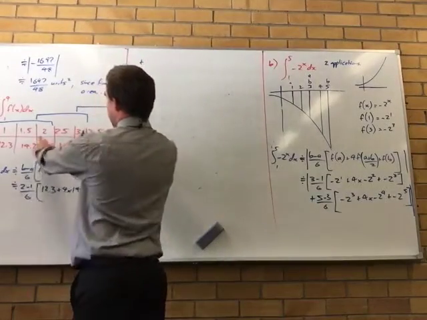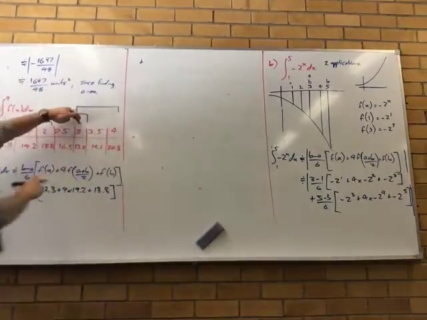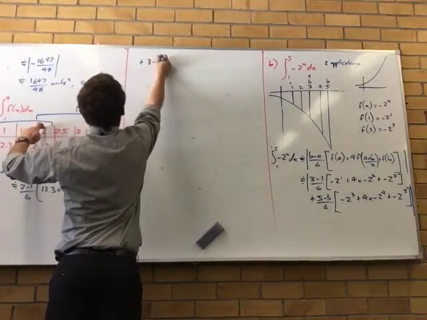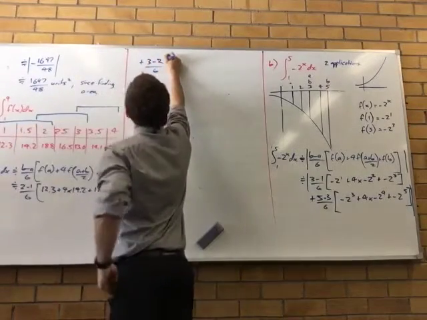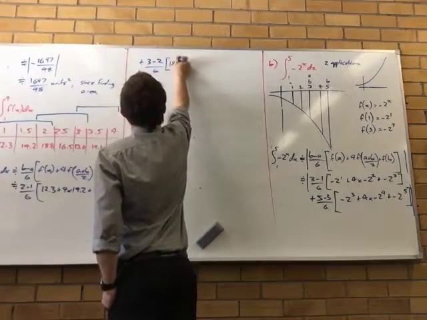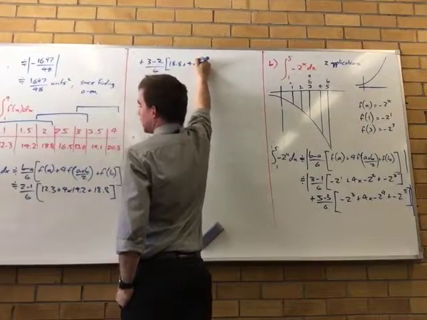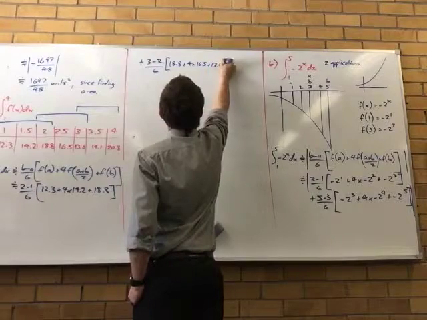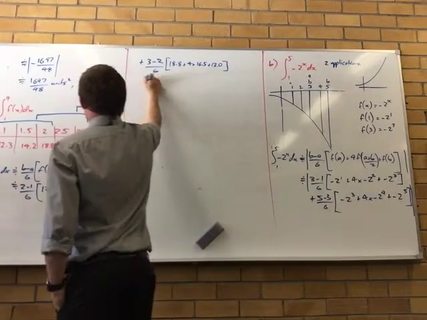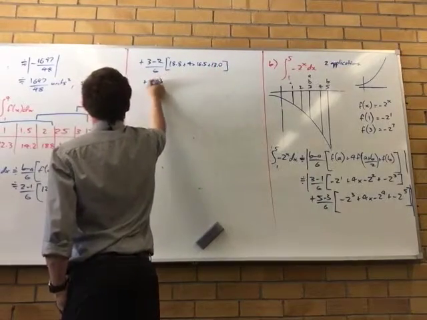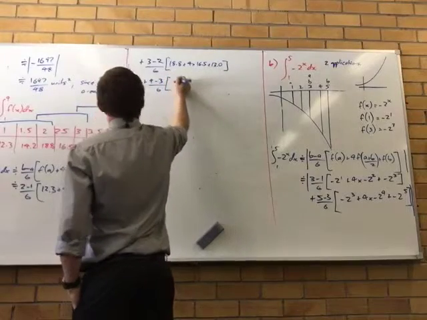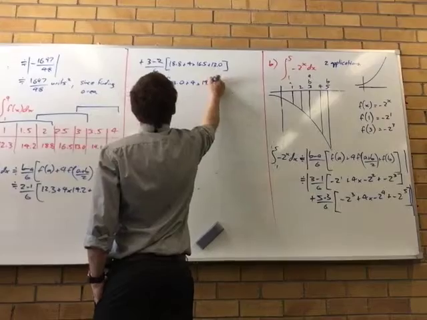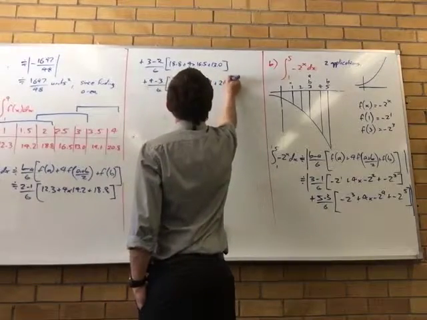Plus, so now it's A, that's B, that's A. So it'd be 3, take away 2 on 6, 18.8 plus 4 lots of 16.5 plus 13.0, plus 4, take away 3 on 6, 13.0 plus 4 lots of 19.1 plus 20.8.